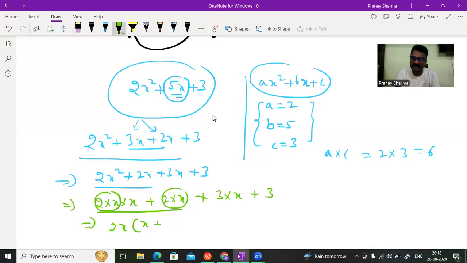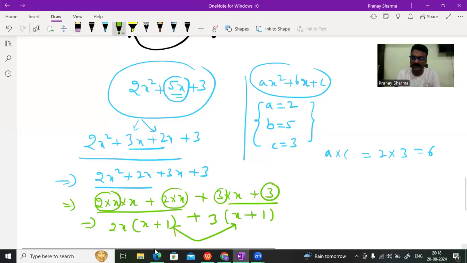What is left? x. Here, what is left? 1. We have nothing left here, we need to have 1, right? When we multiply this with what we have taken out as common, it should get the terms adjusted. Fine. And here, if you take 3 as common, we have only 3, right? That can be taken out as common. So this will be x plus 1. We need to ensure that these two terms are the same.